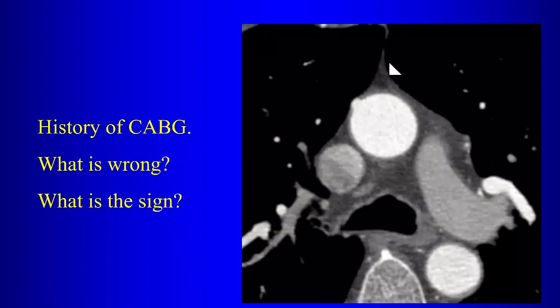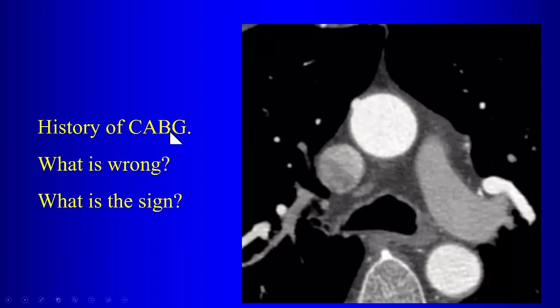Internal mammary? No, they don't come off the ascending aorta, right? Saphenous. Yeah. So that's the origin of the saphenous vein graft, but the graft is occluded now, so you don't see the graft. All you see is this little bump here, which is the origin of an occluded saphenous vein graft.